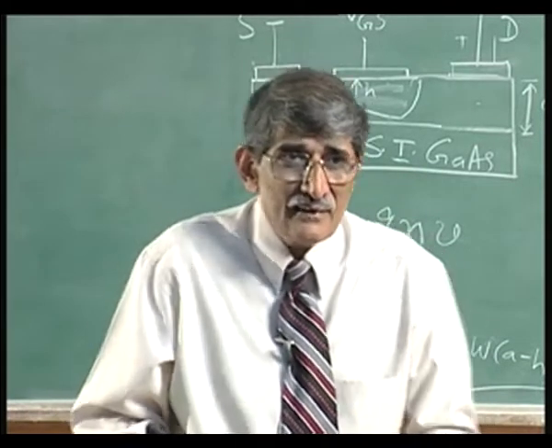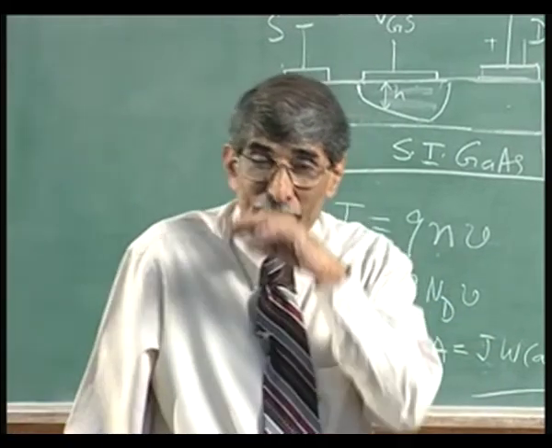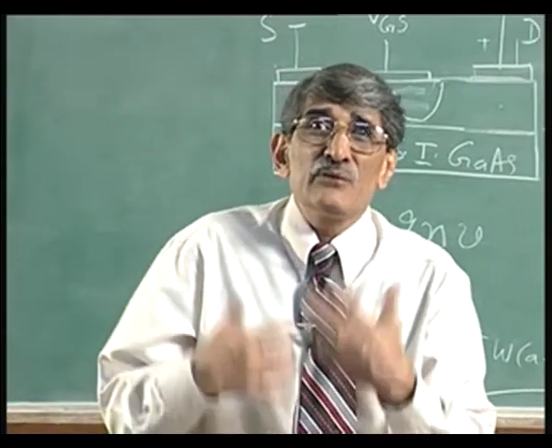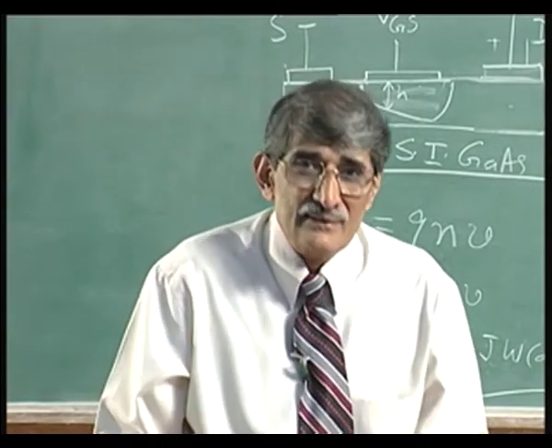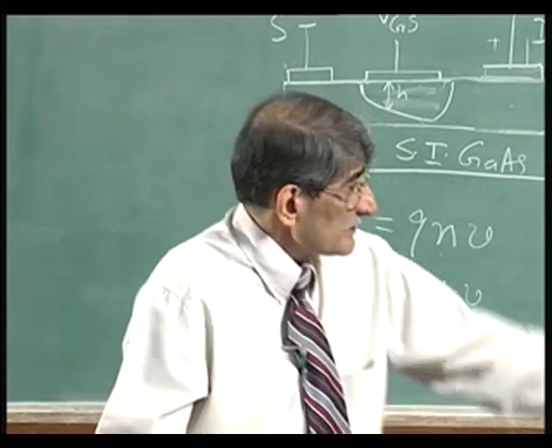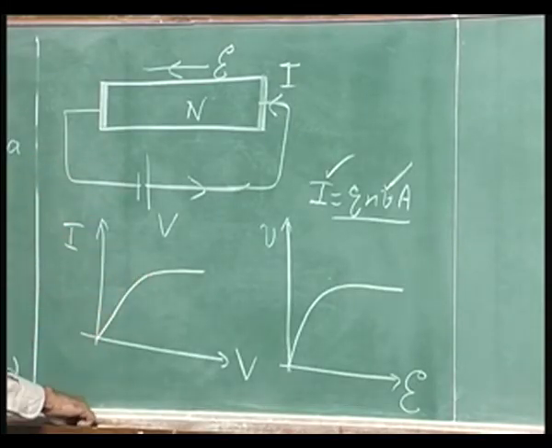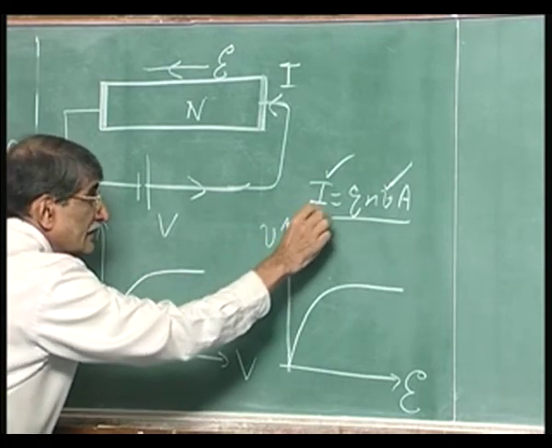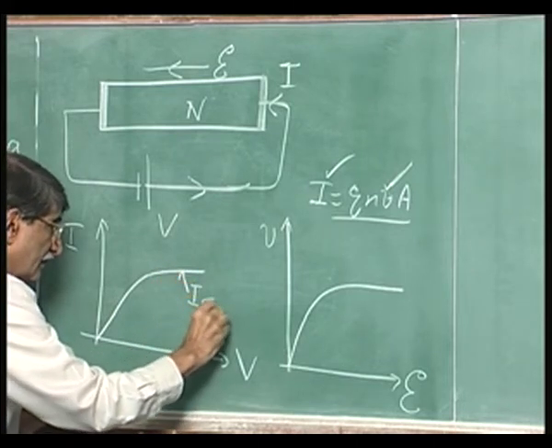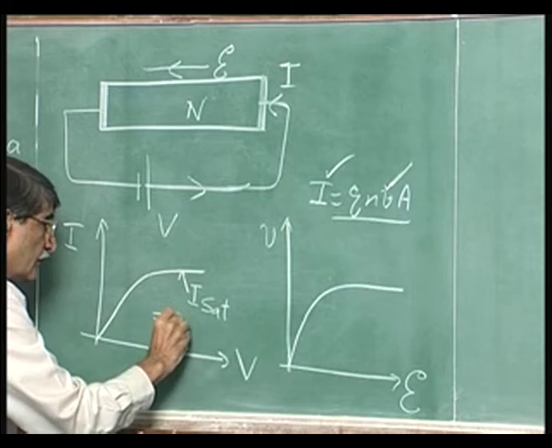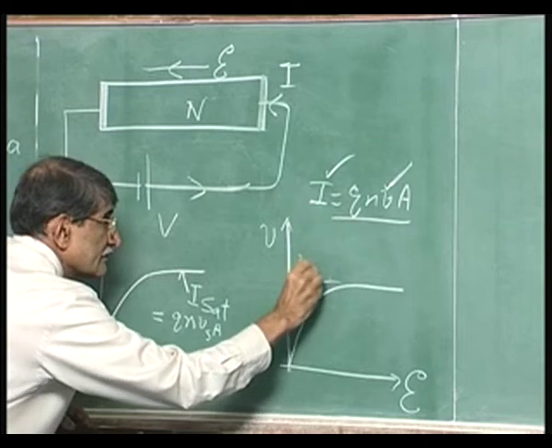So, what we are telling is the current is saturated in the case of FET not because of pinch off, it is because of velocity saturation, but it may so happen that pinch off has taken place when velocity saturation has taken place. Here you can see without any pinch off, current is saturated. Okay. That is I D sat, I saturation is equal to Q n into V s into area, where V s is that.